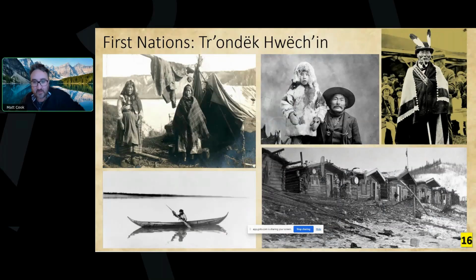For these people, whose population numbered about 5,000, this was a traditional territory, a homeland rich in game, fish, and berries. Concepts of land ownership were relatively meaningless to them, and they lived here with a dependence on the rhythms of the seasons.